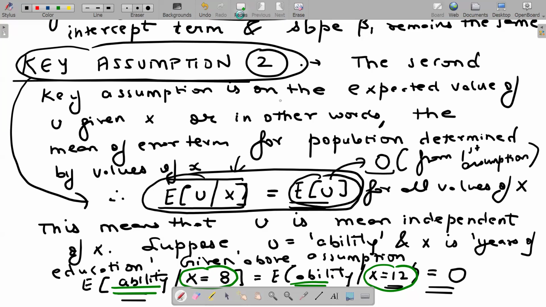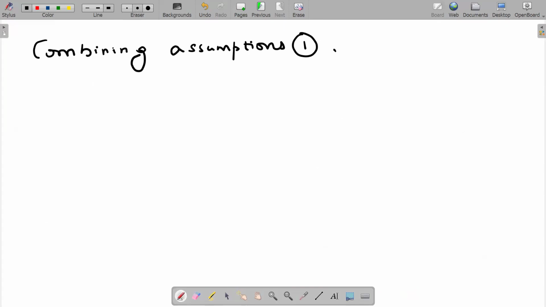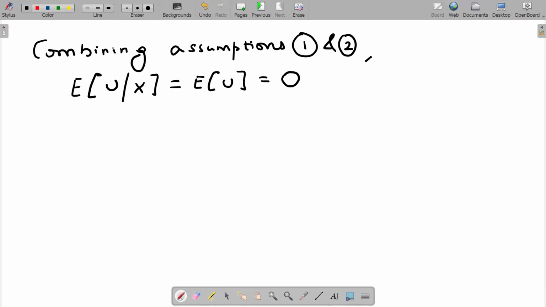So what do we learn? We learn that if I combine assumptions 1 and 2, expected value of u conditional on x is equal to expected value of u equal to 0. This is called the zero conditional mean assumption.